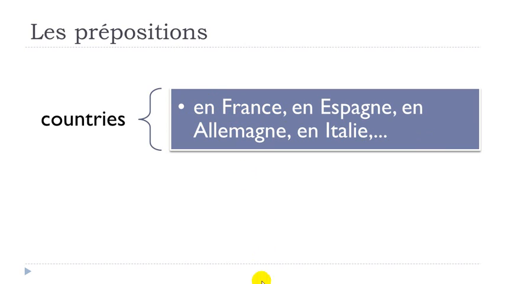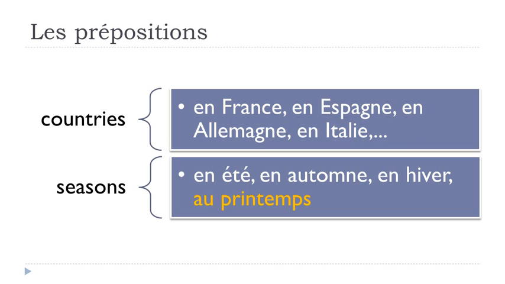And then when we're talking about the seasons, we've got 4 seasons, and as usual in French, we need to have one exception. But for the 3 others, it will be en. En été, so in summer, été is summer. Then en automne, autumn.